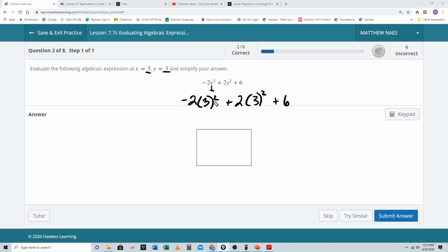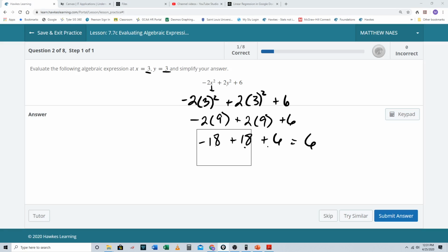You do your order of operations, which is the square first. So -2 times 9, because 3 squared is 9, plus 2 times 9 plus 6. Right? -2 times 9 is -18. 2 times 9 is a +18 plus 6. -18, +18 plus 6 gives you 6.